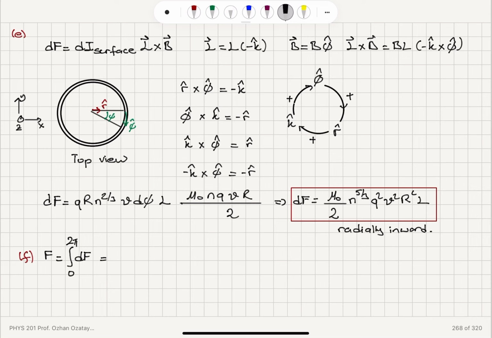That's just going to be an integral, because there is no phi here, there is a d phi remaining. So the integral over phi will give me just a factor of 2 pi. So this will be mu 0 over 2 n to 5/3 q squared v squared r squared L times 2 pi.